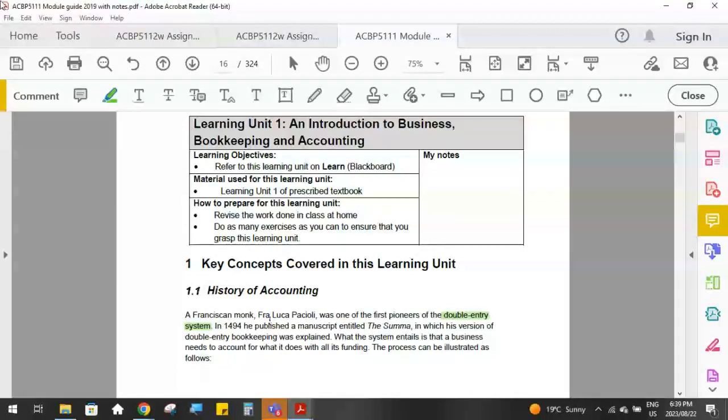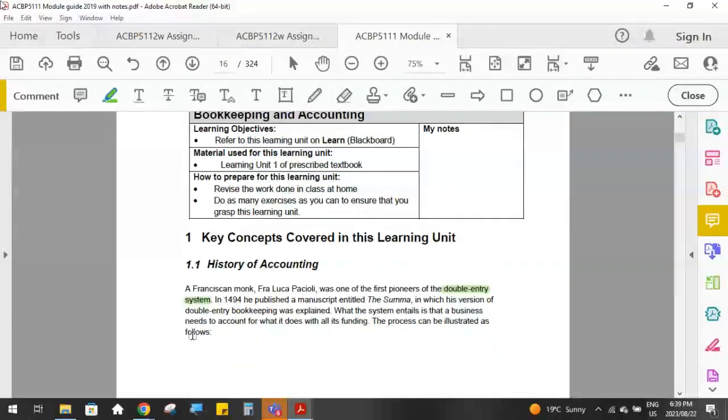That's what we are doing as bookkeepers and accountants. A transaction takes place in a business, we record it. And the method of recording is called the double entry system, which I'll talk a little bit more about later.